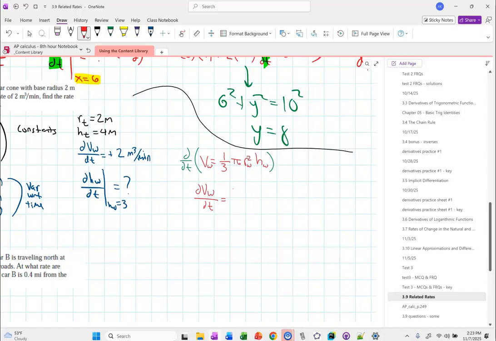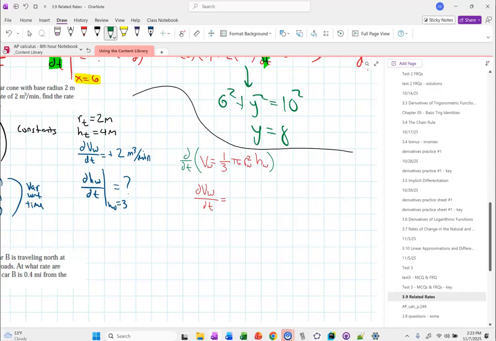Then I'll pull out the 1/3 pi. And then what do I have to do, the derivative of the other side? Product rule. Who saw it? That's good, 1 of 20.